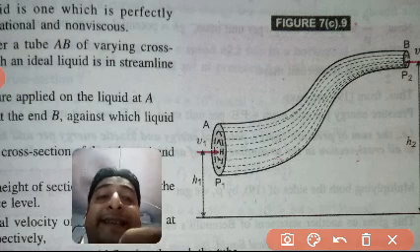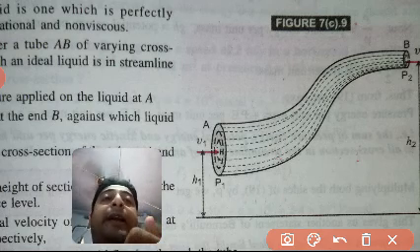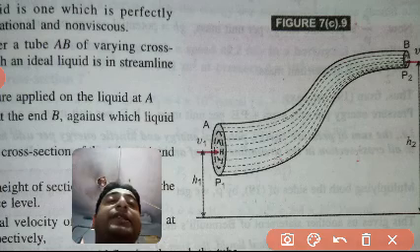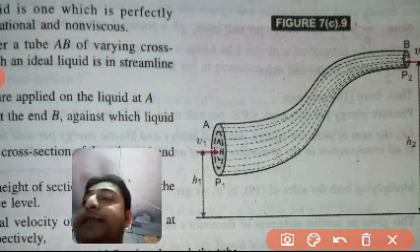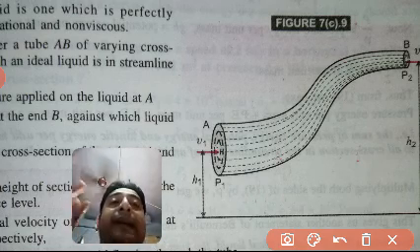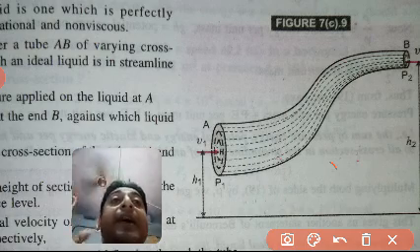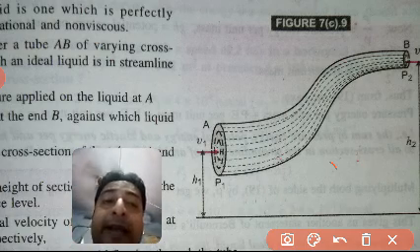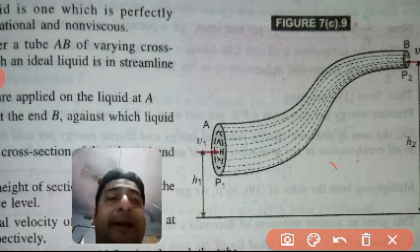And what does the total energy constitute of? It consists of pressure, potential energy, and kinetic energy, and the sum of the three energies remains constant. That is Bernoulli's statement.